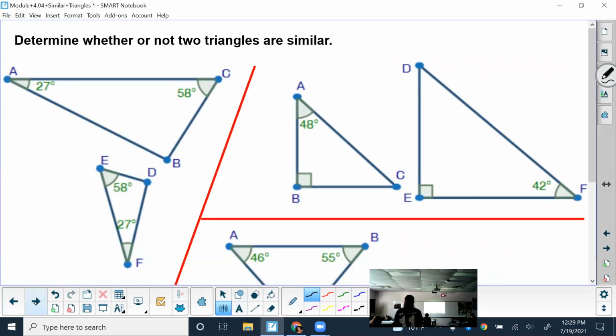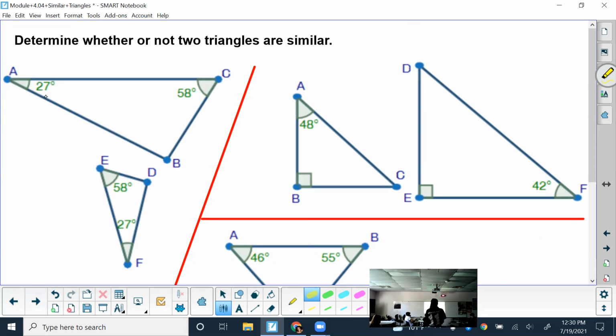So now determine whether or not two triangles are similar. So first one here on the left-hand side, remember the postulate says you need to have the corresponding angles to be congruent, and you need a minimum of 2. So first thing I would do is highlight or circle, star, identify my corresponding angles.